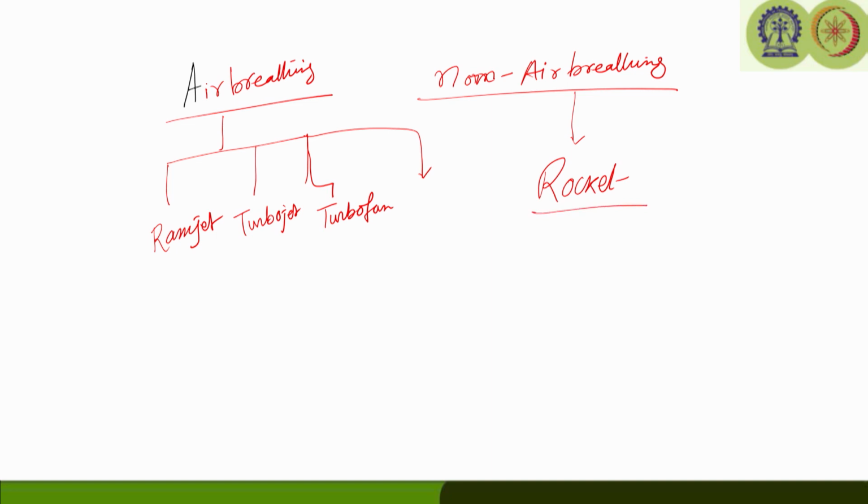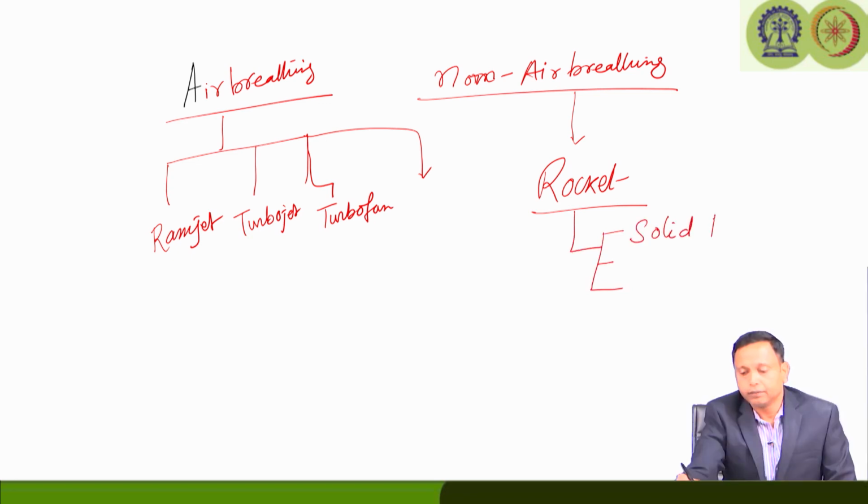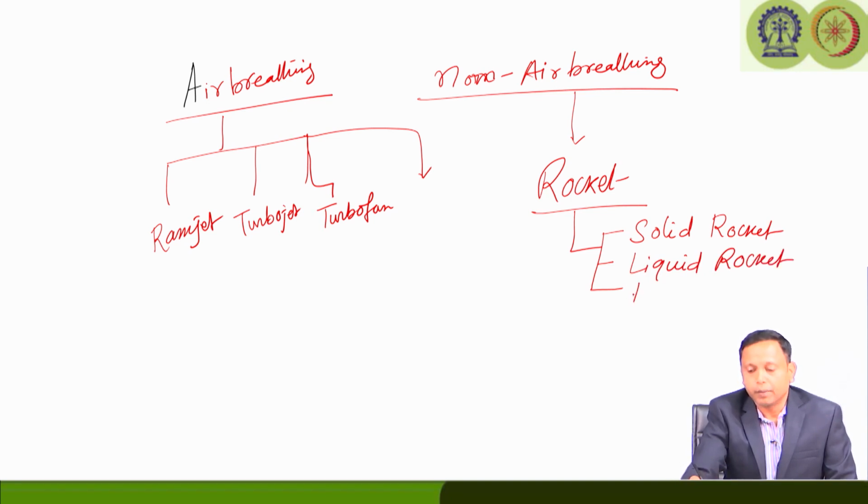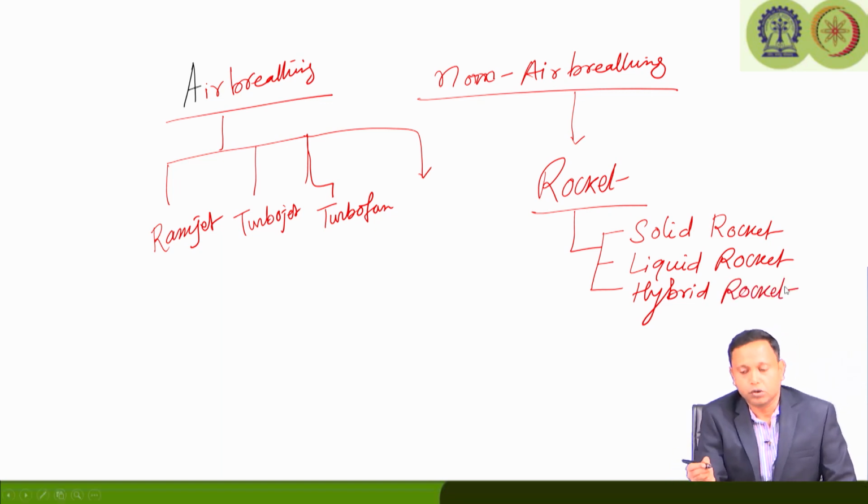Now, the rocket can also be divided mainly into three. One is the solid rocket or solid propellant rocket, second one is the liquid rocket, and third one is the hybrid rocket. I will give you a brief description of each of them because you might have already learned in previous courses.